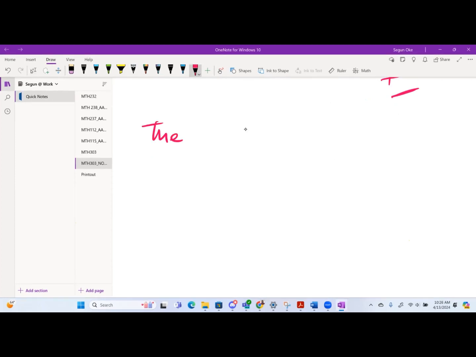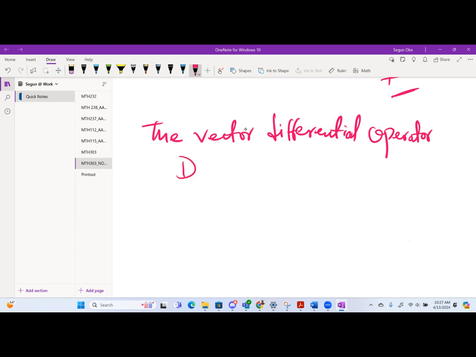Another topic is the vector differential operator. I'll always advise my students, please write operator. The differential operator is called del. The symbol of del is this.